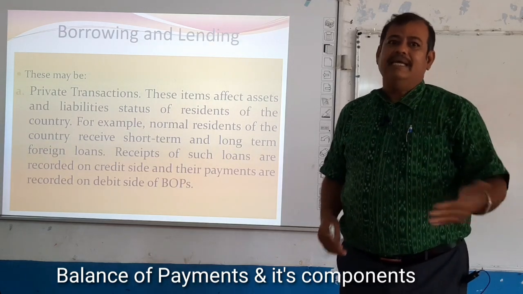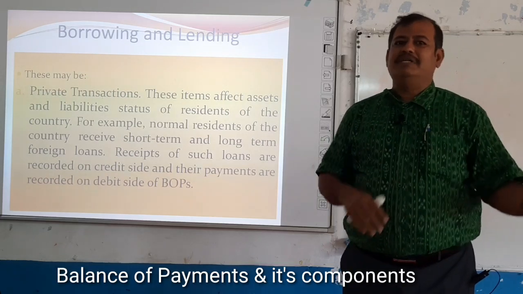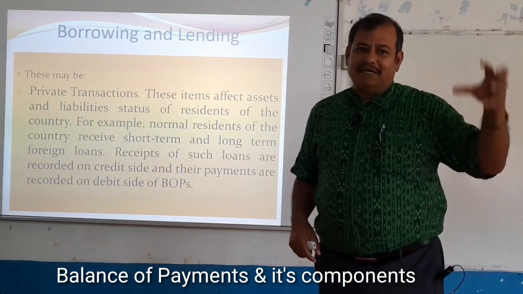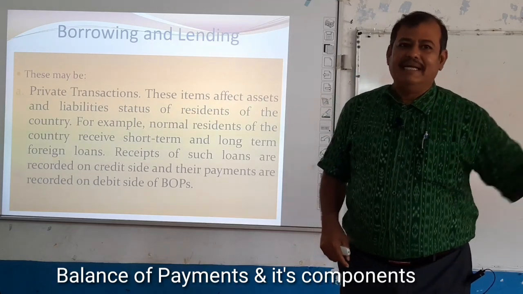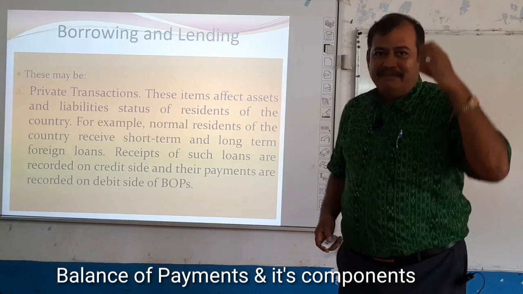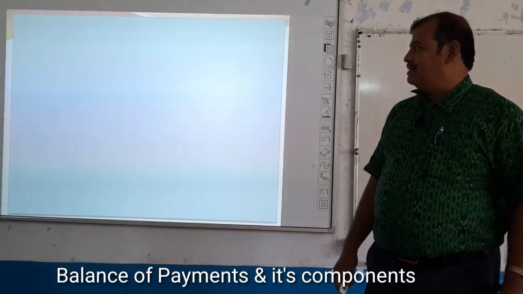So that is why our foreign exchange reduces. And when foreigners come to India and make investments in India, then foreign exchange comes to India, and that comes under the credit side. So when private individuals are dealing with this, this is called private transactions.